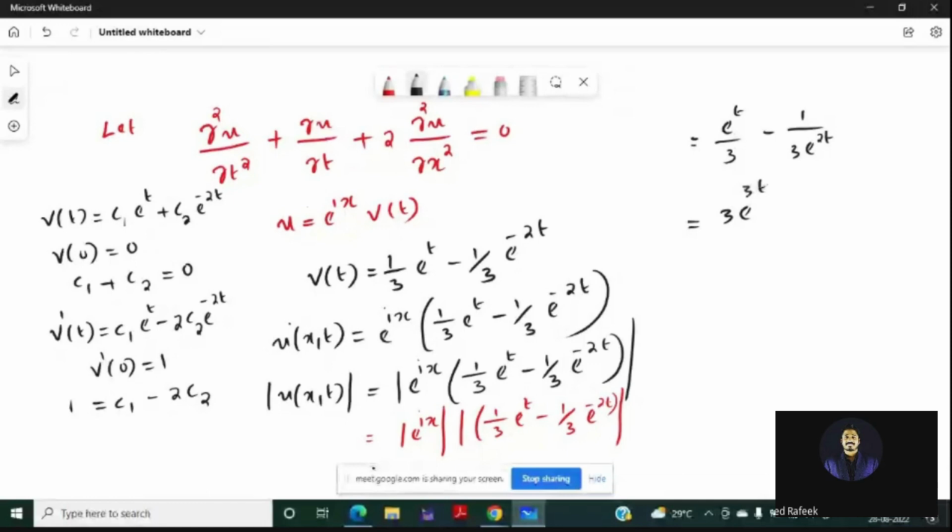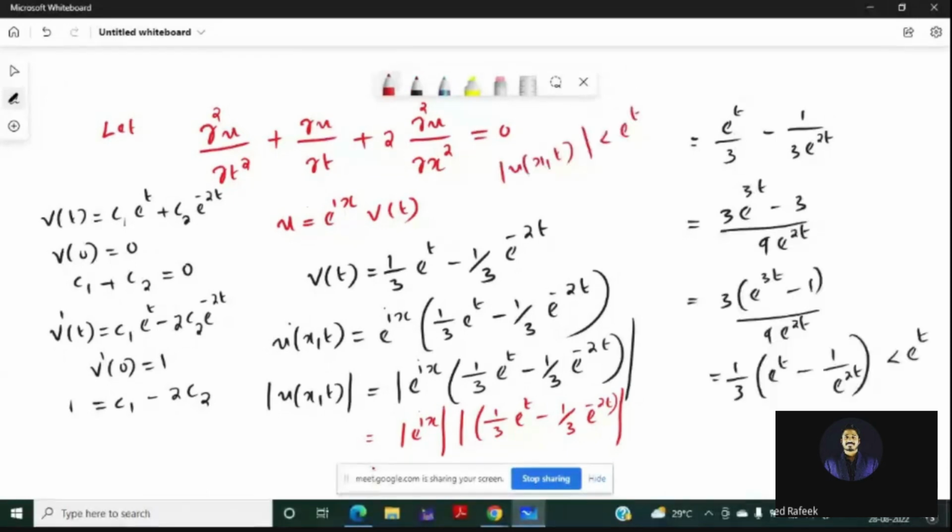So u of x comma t, this option is correct. U of x comma t is less than e raised to t. That is 1. So, of course, it is unbounded. If t tends to infinity, this also tends to infinity only. This implies u of x comma t is unbounded. Options 2 and 3 are correct.